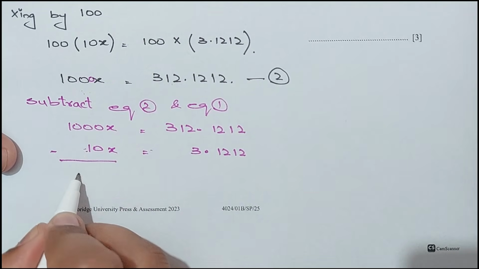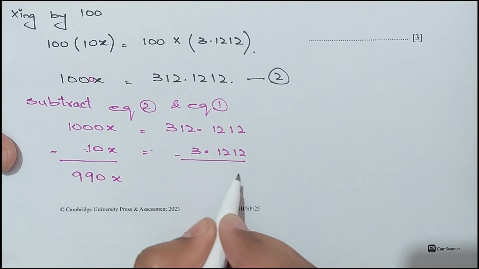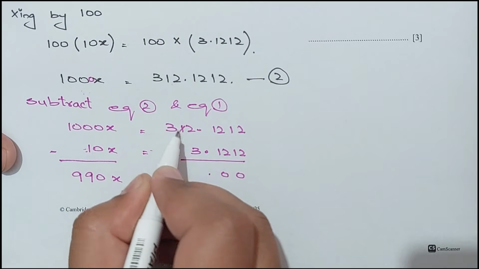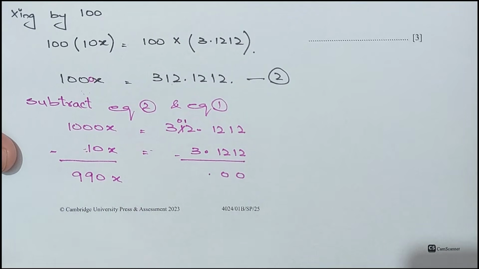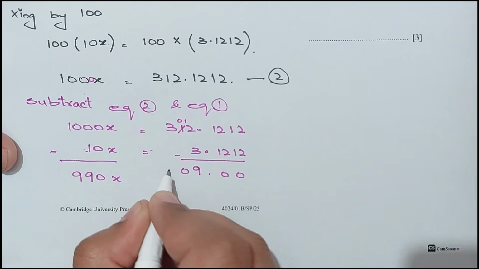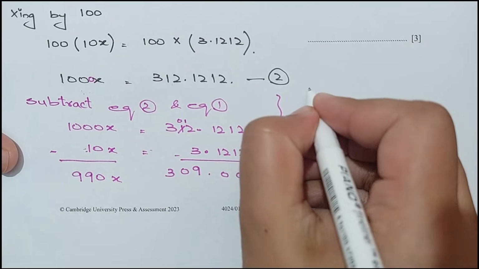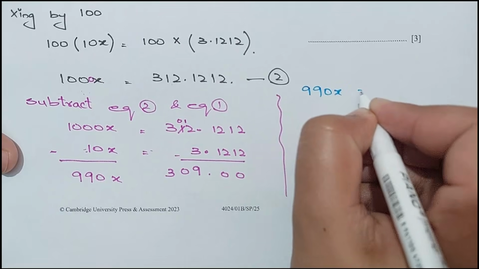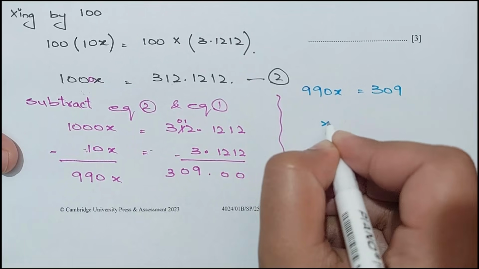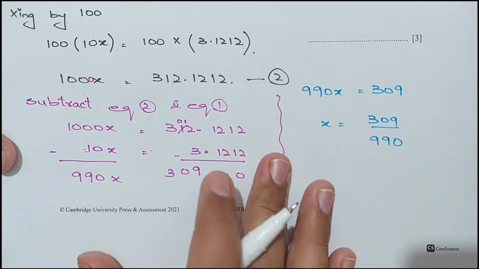From 1000 take away 10 is 990x, and when we subtract 12 0 0, this is 0 over here. From 12 take away 3, this would be 9. We have 0 and we have 3. Further simplification is 990x would be equal to 309. So what is x? 309 over 990 in its simplest form.